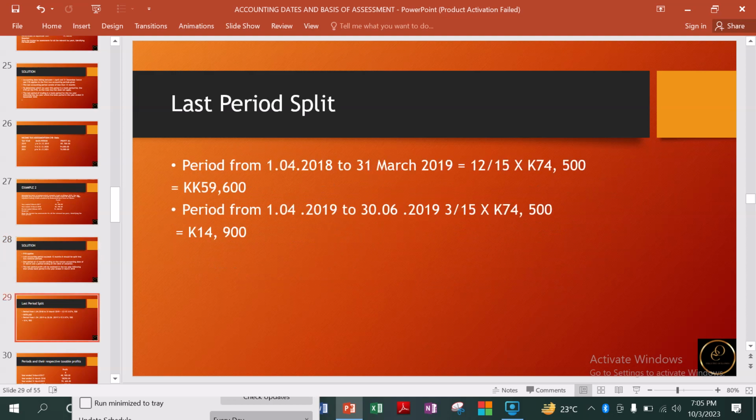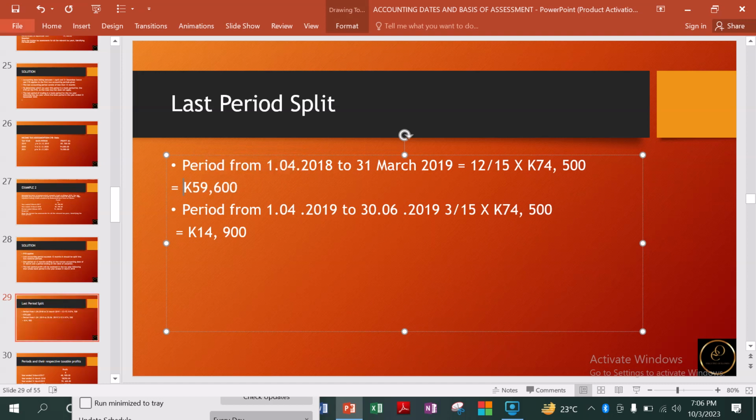Okay, so this is just demonstrating how you split. By now you should be familiar with how we split this profit into two notional periods. The first one, 12 out of 15 times the total of 74,000, giving us 59,600.